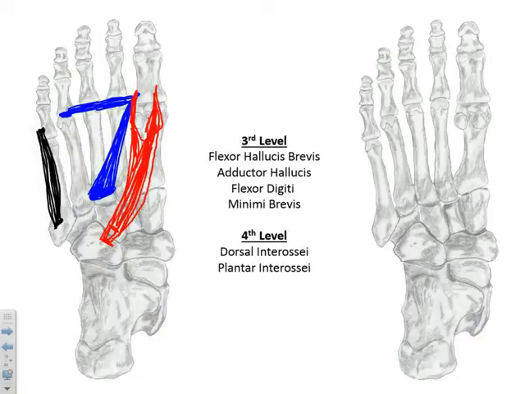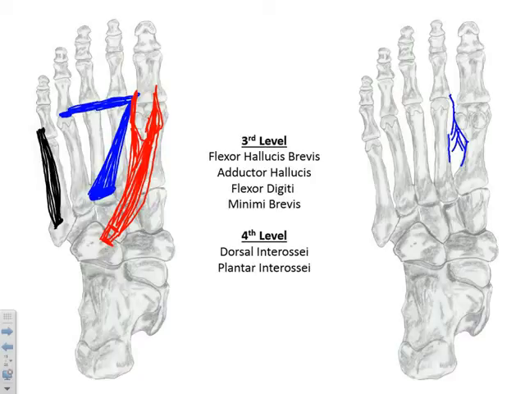If you remember from the hand, we essentially had two distinct heads which came off of either surface between the metacarpal bones. Well, in this case, they come off of the metatarsal bones in a very similar fashion.